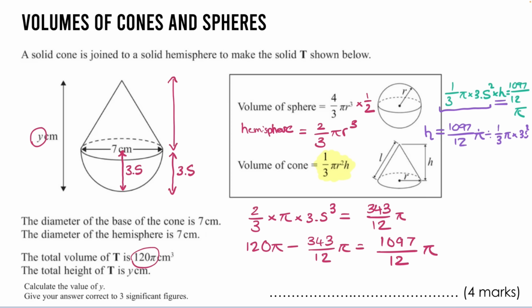So I already have the answer on my calculator, so I can put the answer over and then do 1/3 times pi times 3.5 squared. Now that gives me a final answer. It comes out as either a decimal or as a fraction. I'm going to write this one as a decimal. It comes out as 22.3877551.